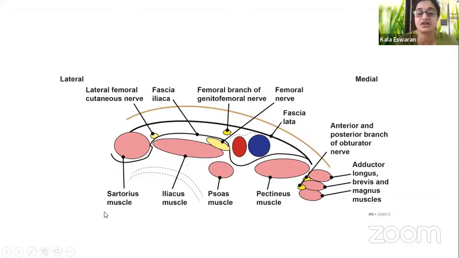The drug travels in the compartment laterally up to the iliac crest, blocking the lateral femoral cutaneous nerve and the femoral nerve. It may or may not block the genital branch of the genitofemoral nerve, and if the drug volume is adequate enough, it blocks the anterior and posterior branches of the obturator nerve.